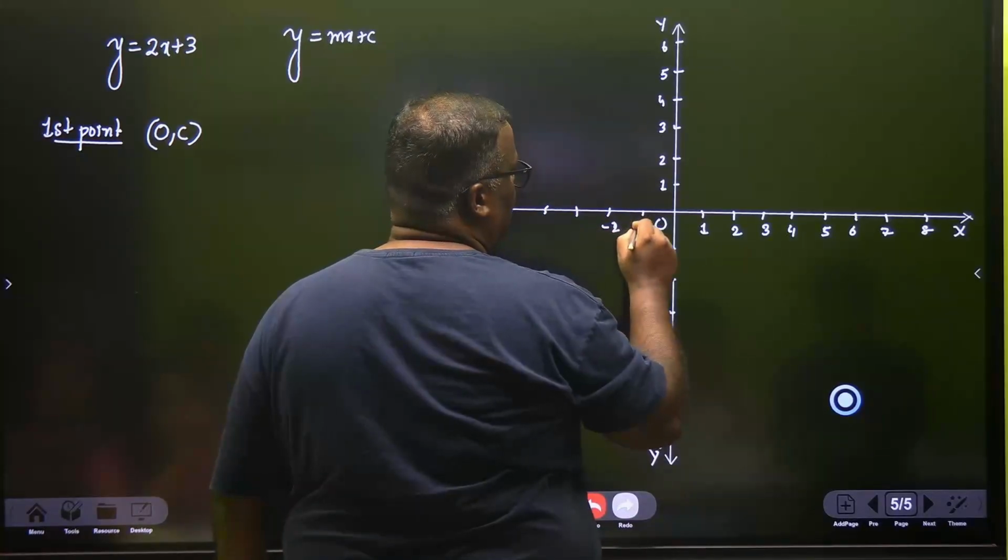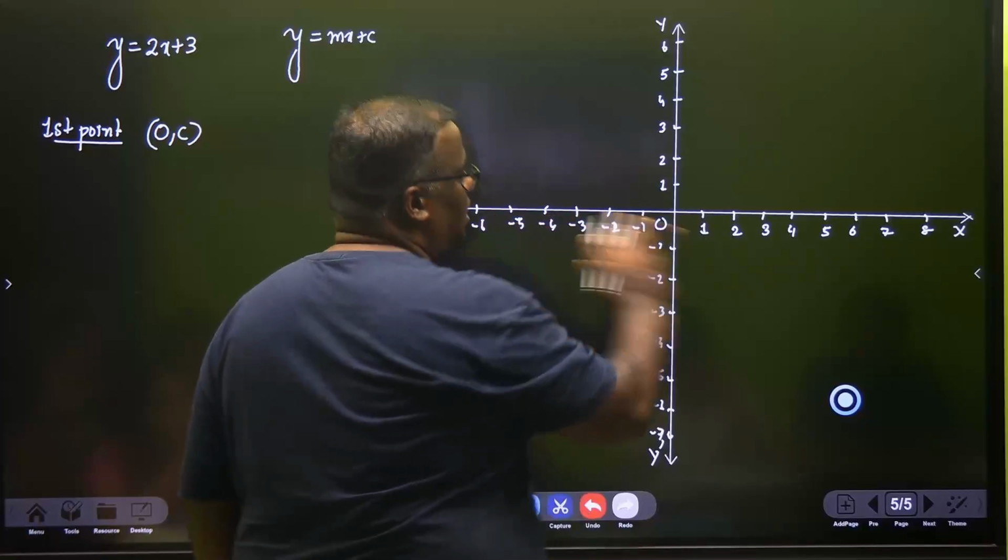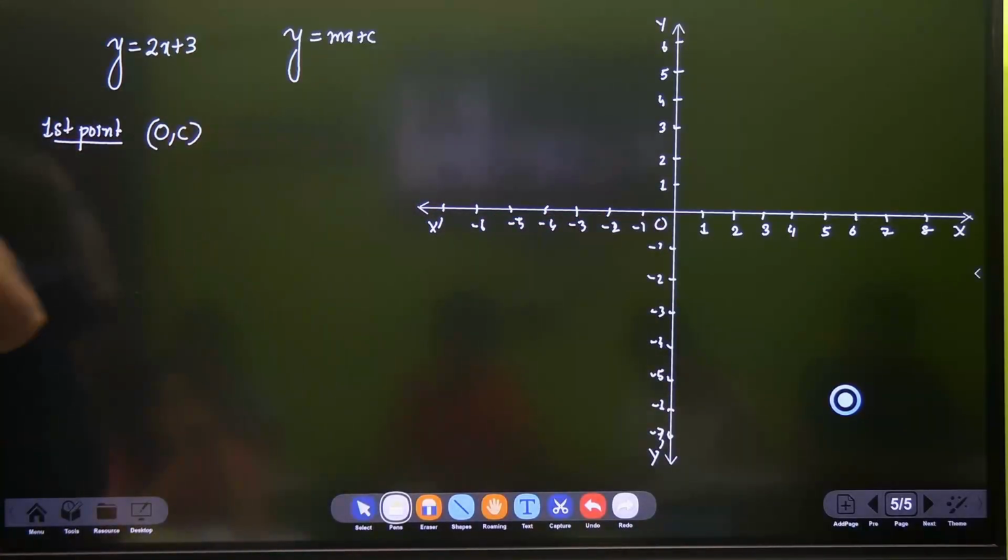Done. Coordinate is mentioned. Then we have to also mention scale, that we will do later.